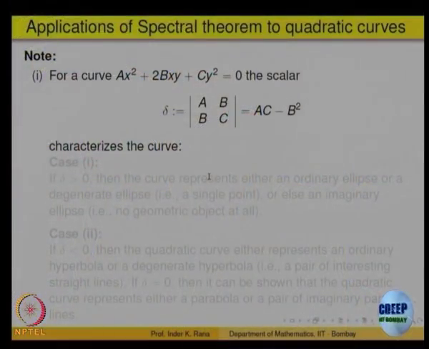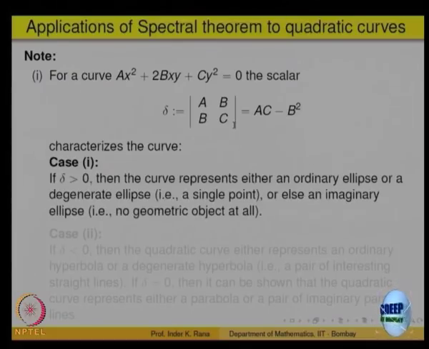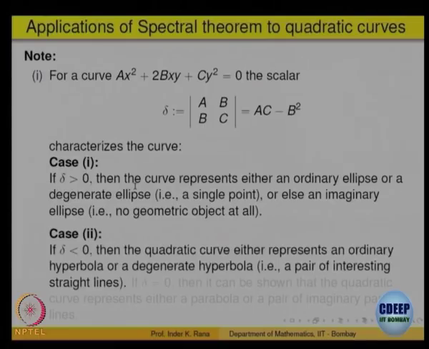Of course, in that, this delta is important; it should not be equal to 0. So, how does this delta characterize what kind of curve I have got? If it is positive, essentially it represents an ellipse, and if it is negative, that essentially represents a hyperbola.